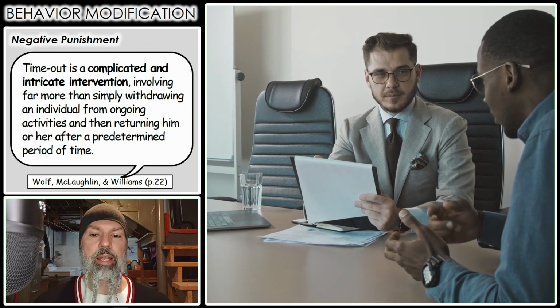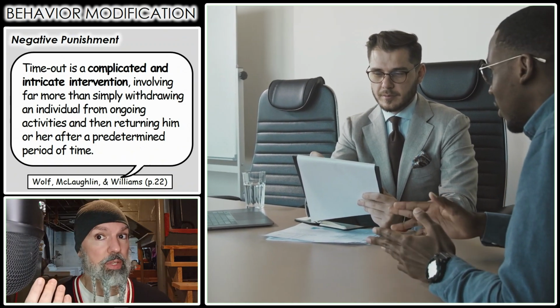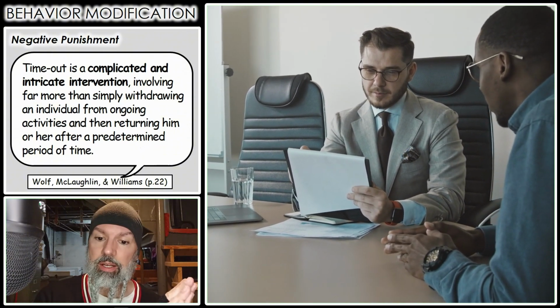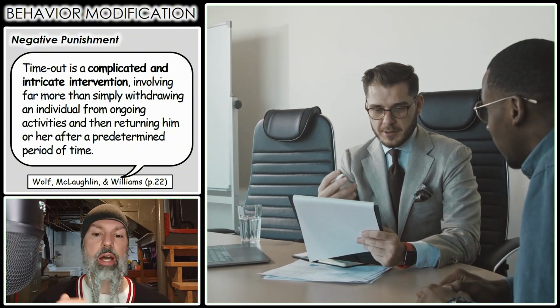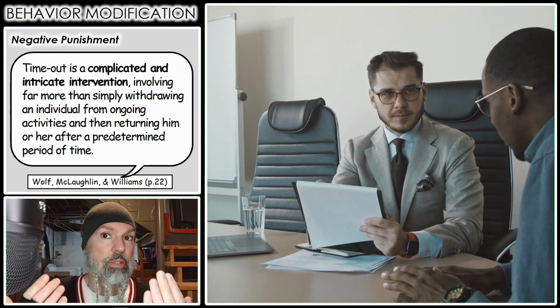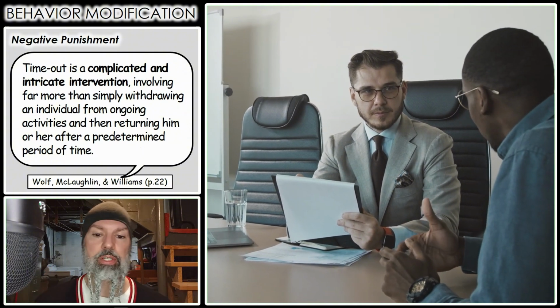You want to collect data on the behavior and how much it was occurring before the timeout procedure is implemented, during the timeout procedure, and then after the timeout procedure. You want to document any side effects like aggression and withdrawal, which can result from negative punishment and might just mean that the negative punishment, the timeout procedure, is working.